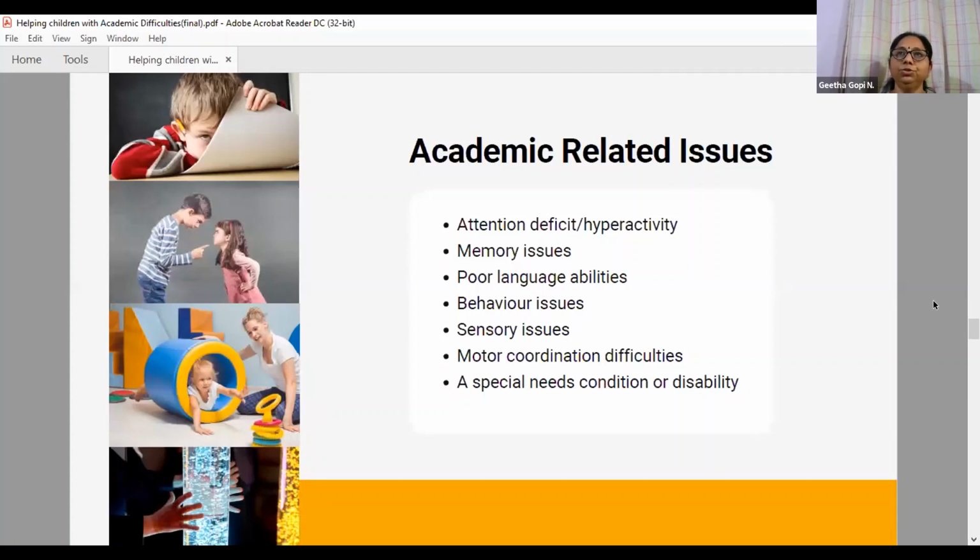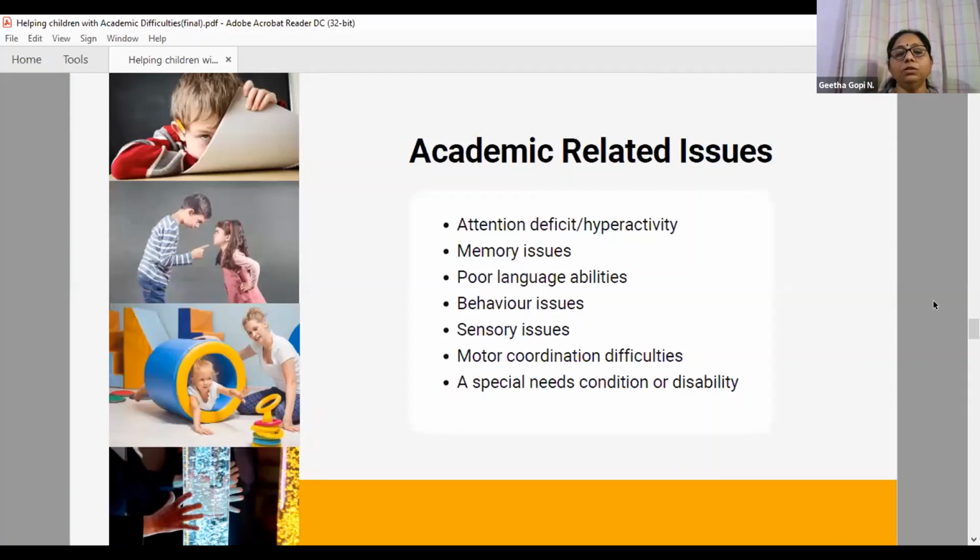If they have communication issues, such as mispronunciations, not being able to follow through directions, especially more than one step directions, being unable to retain directions that they've listened to and then act upon it, or having difficulties with vocabulary, a very limited or poor vocabulary, all these language related skills and abilities, if they are deficient, definitely have an adverse effect in acquiring academic skills.